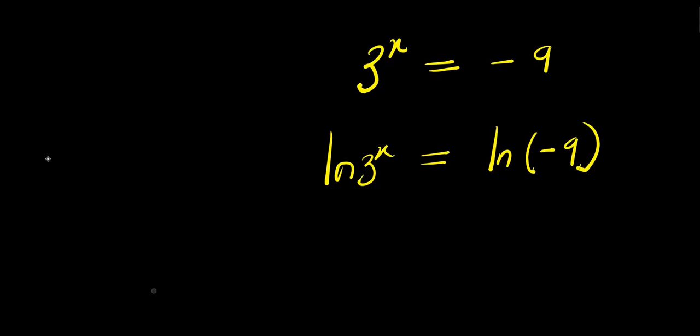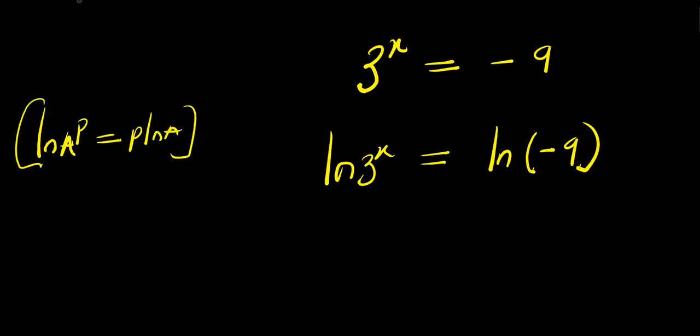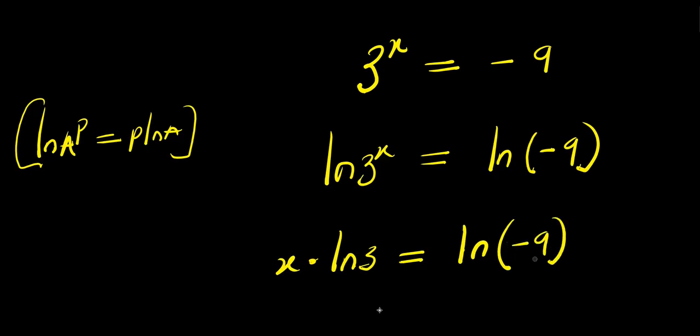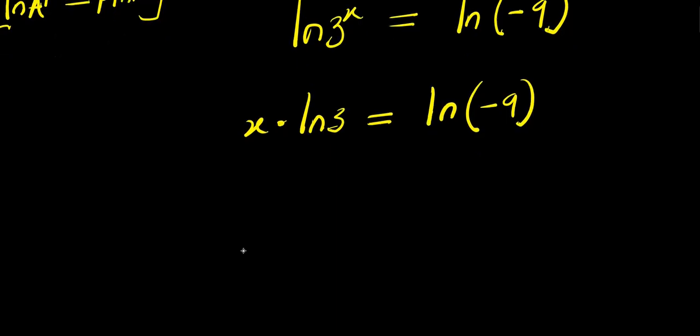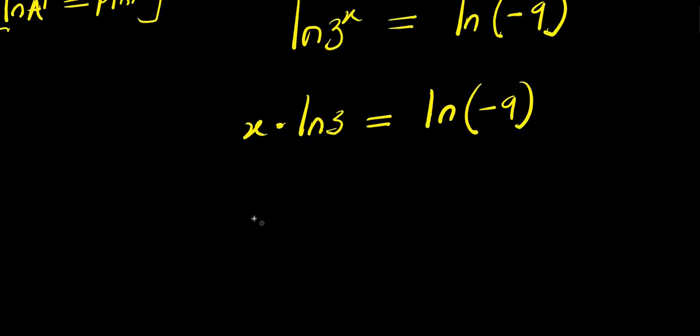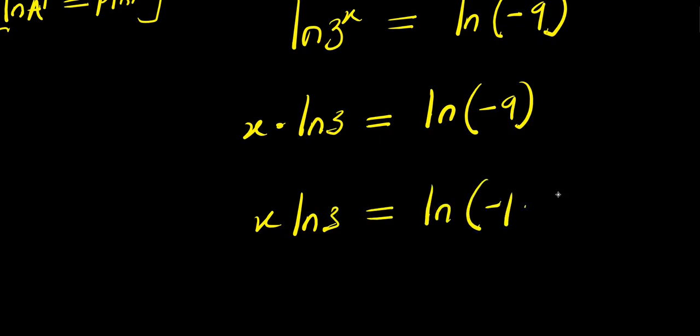And remember, natural log of a power b equals b times natural log a. Applying that here, we have x times natural log 3 equals natural log negative 9. From here, we have x times natural log 3 equals natural log, this will be negative 1 times 9.